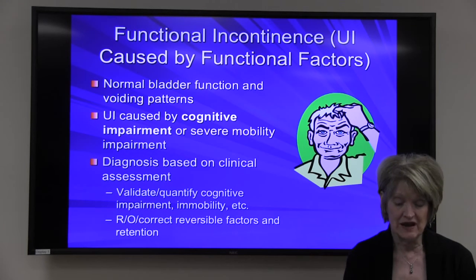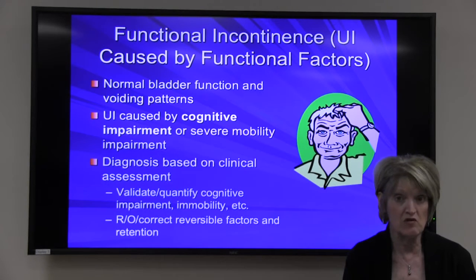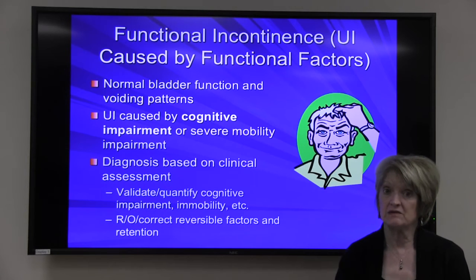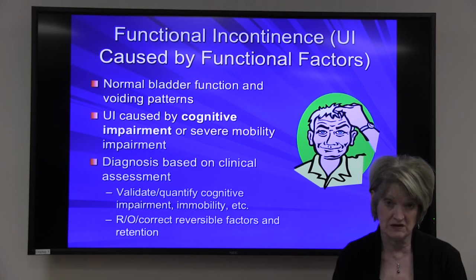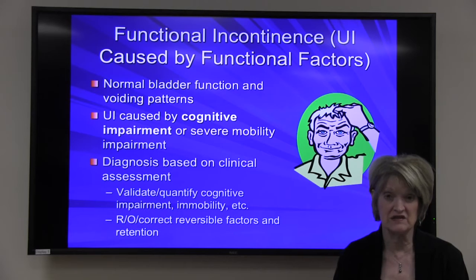Functional incontinence is characterized by normal bladder function, normal sphincter function, fairly normal voiding patterns. But they're incontinent. And they're incontinent because of cognitive impairment. That's the most common reason. Some of them are incontinent because of severe mobility impairment.